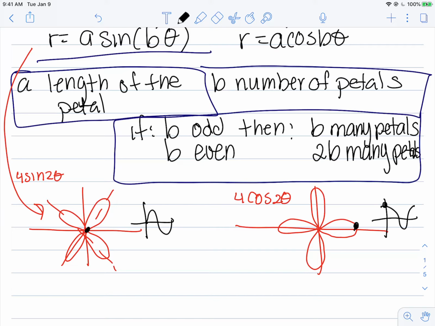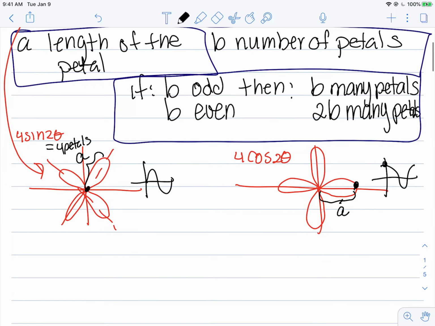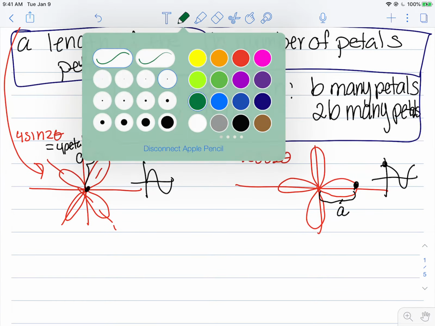All right, so then A is the length of the petals, right? B is the number of petals. So if it's odd, then it's B many, and if it's even, then you're going to have twice as many petals. Okay. And yeah, the symmetry still works. So let's look at an odd one.